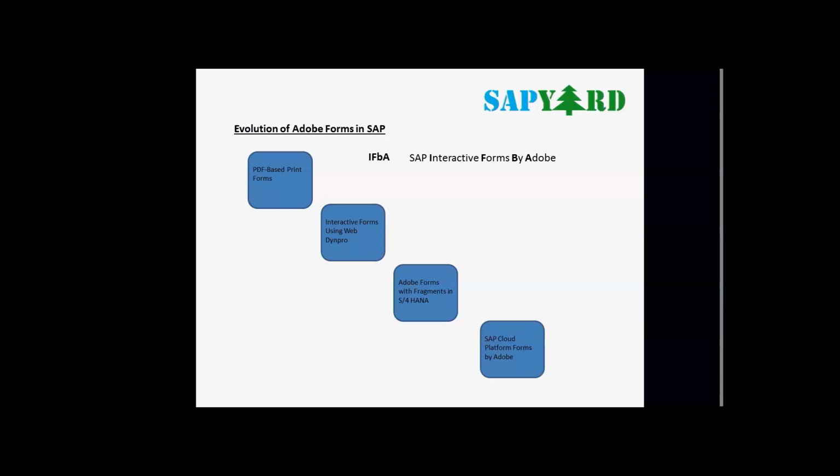And the next evolution is Adobe Forms in cloud platform. I can't say this is a present or recent evolution, but it is still in process, or you can say innovative things that SAP is doing for their cloud solutions. There they don't need any ABAP technology or anything like that.